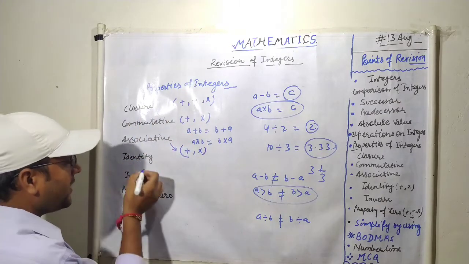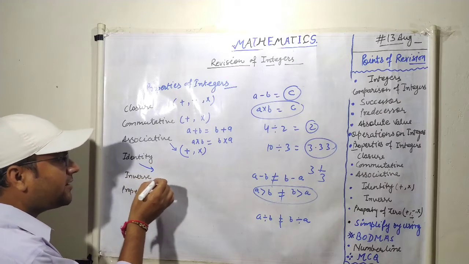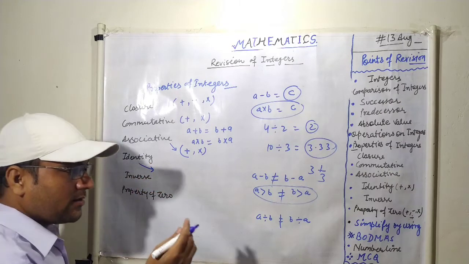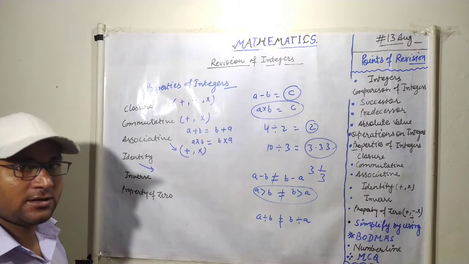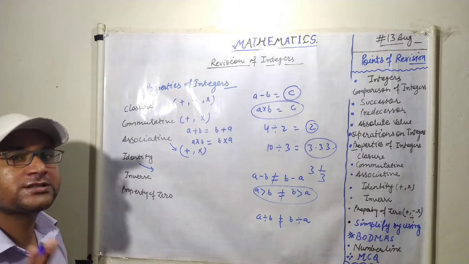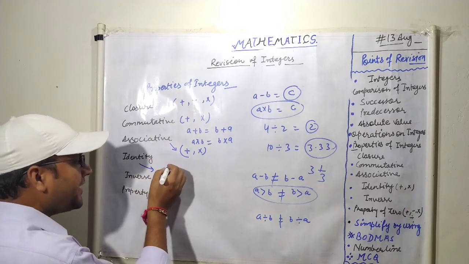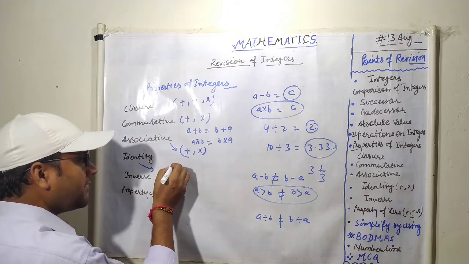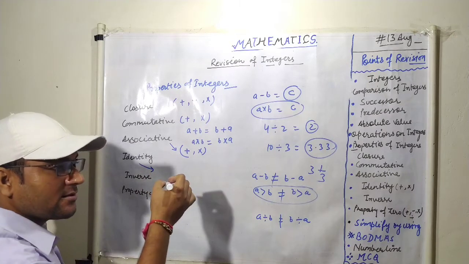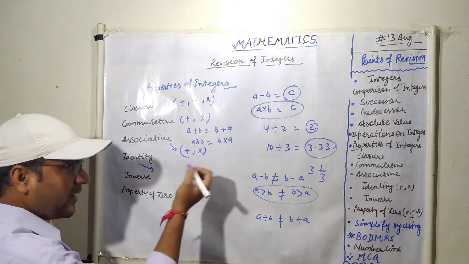Identity is very important. Identity means there is no change in the given value. That is known as the identity. It holds for addition and multiplication also.